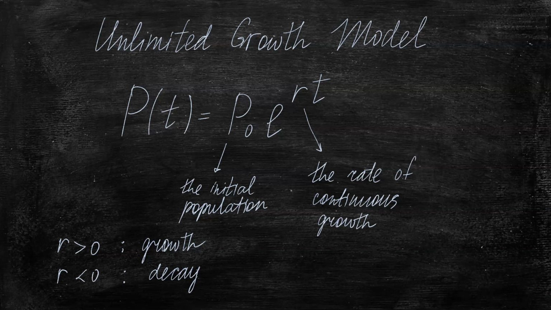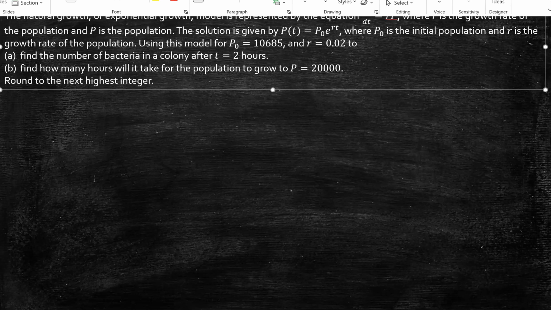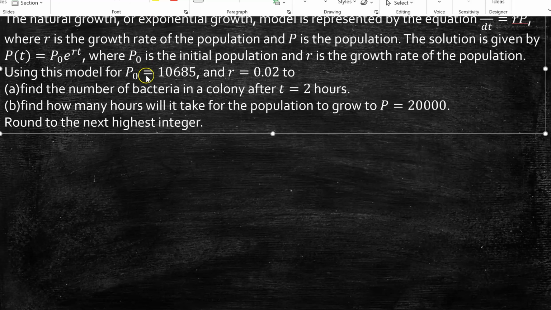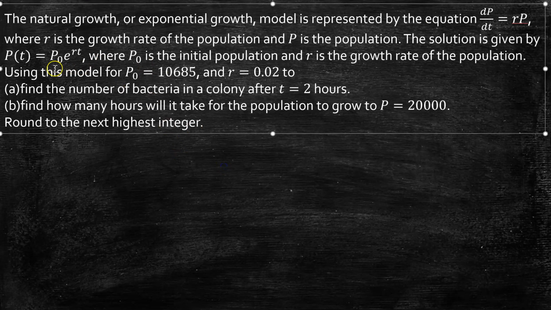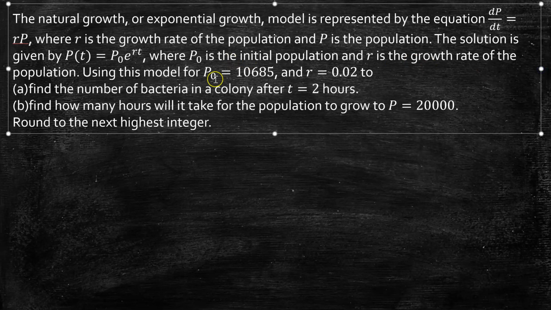And let's do an example. Let's do a problem. So in this example, we have the natural growth model, which is synonymous to the unlimited growth model, and everything is given.